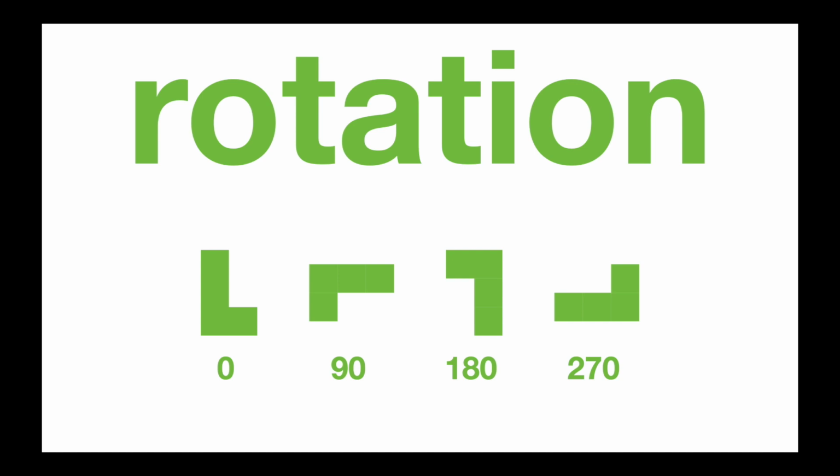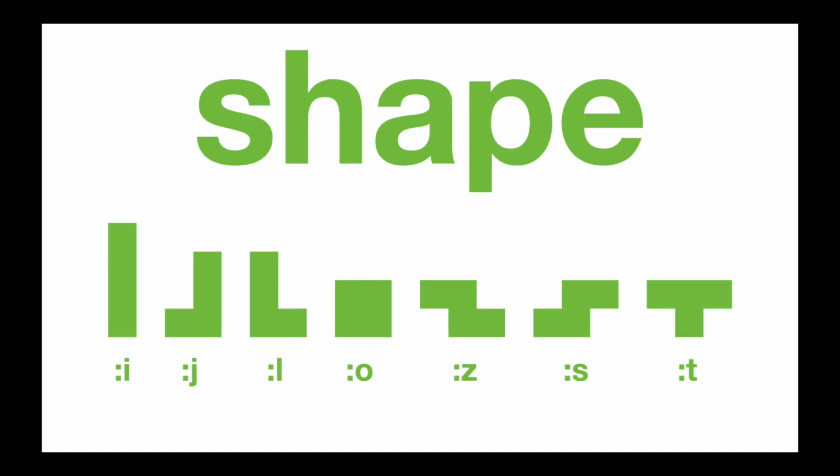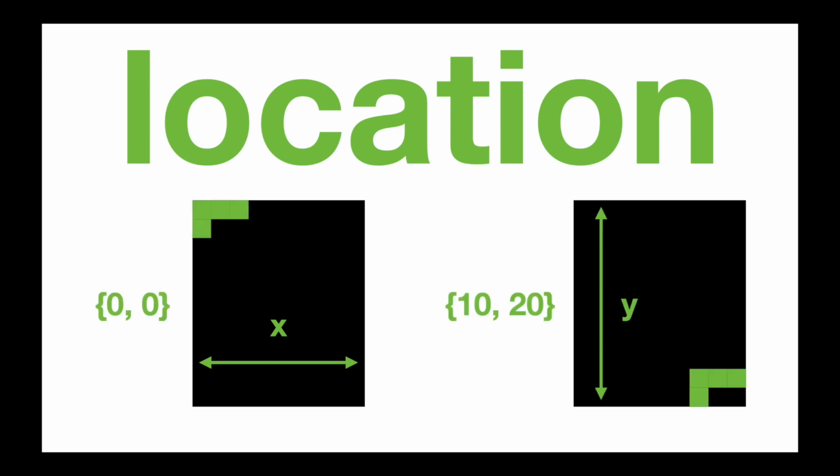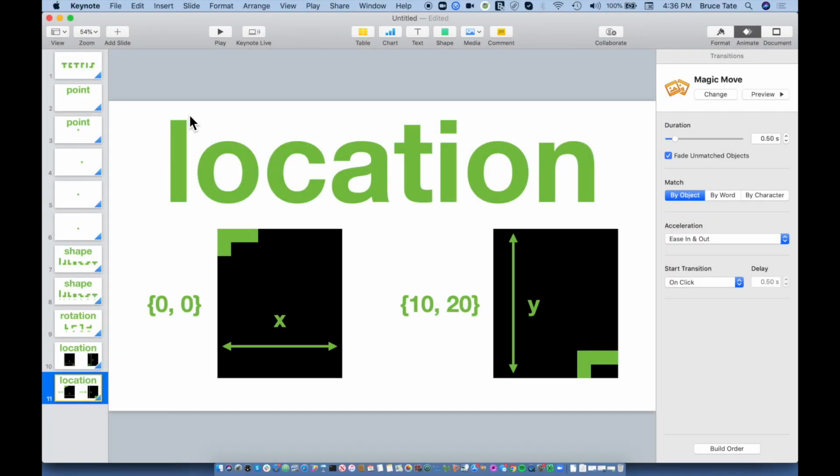So what we're going to do is track our tetromino with a shape, a rotation, and a location. And for us, a Tetris board goes from 1 to 10 on the x-axis and from 1 to 20 on the y-axis. And we'll list x first so that 0, 0 is the upper left and 10, 20 is the lower right. So let's go ahead and get started.